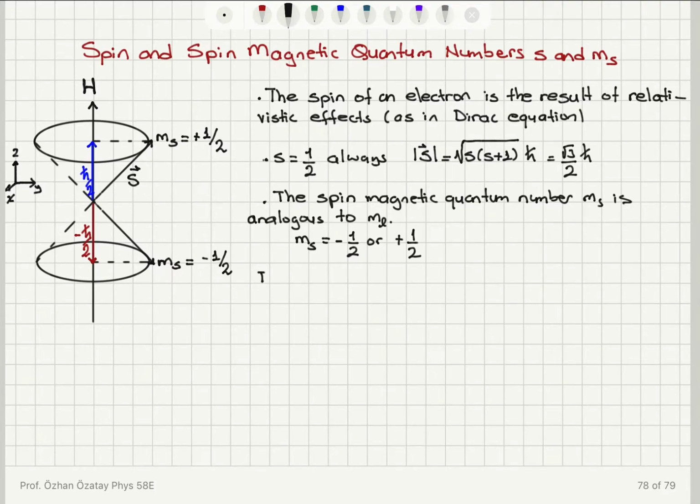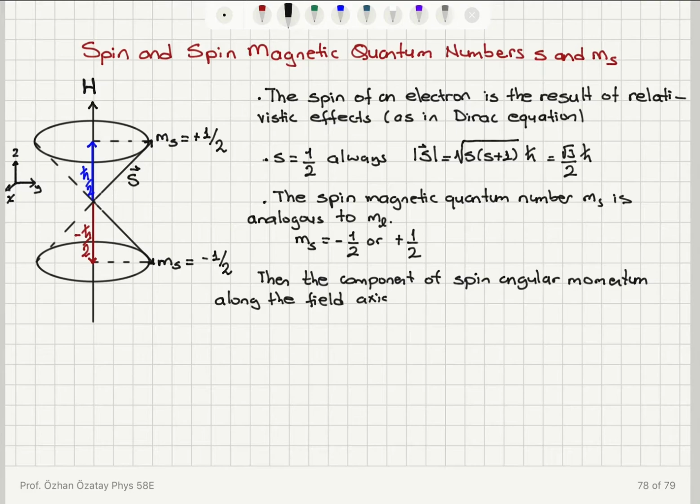Then the corresponding component of spin angular momentum which is along the field axis is S sub z, so I'm assuming the field is in the z direction, is m sub s h bar.